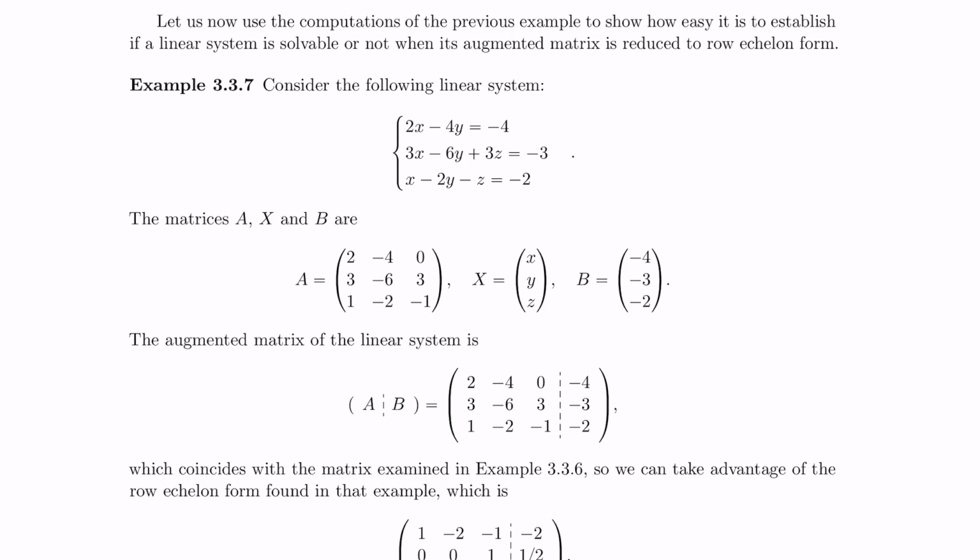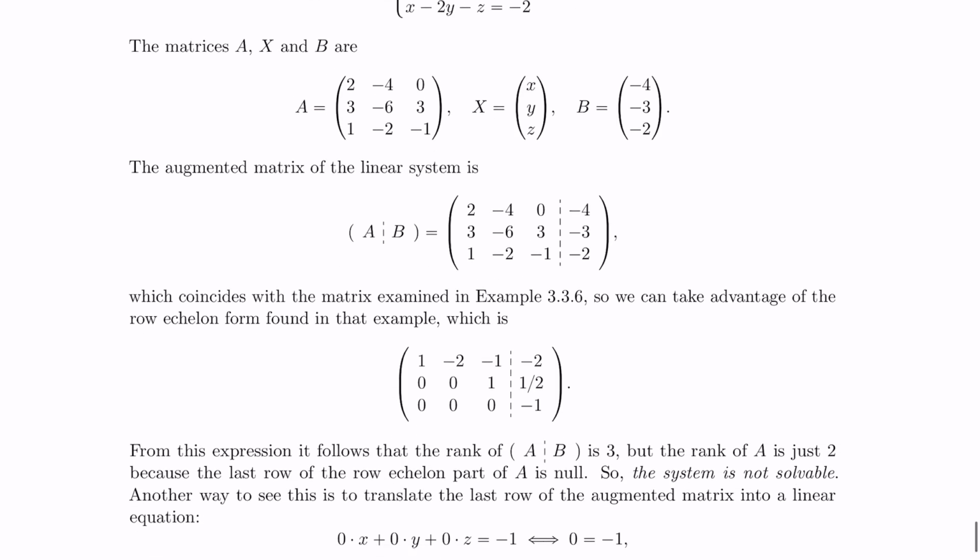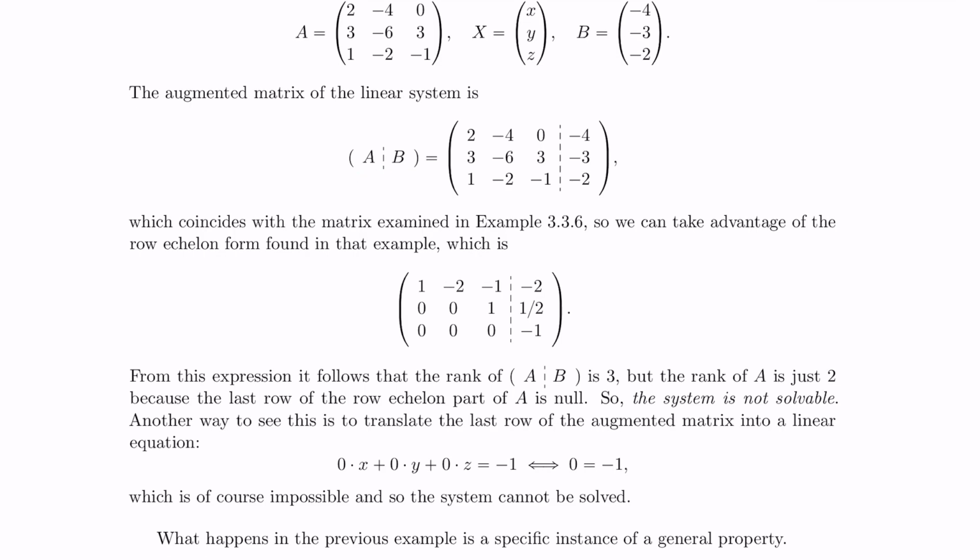Let's now use the computation of the previous example to show how easy it is to establish if a linear system is solvable or not when its augmented matrix is reduced to row echelon form. Consider the following linear system that can be translated in matrix form with these matrices here. You can see that the augmented matrix of the linear system is this one, which coincides with the matrix that we have examined in the previous example. So we can take advantage of the previous calculations and write its row echelon form like this.